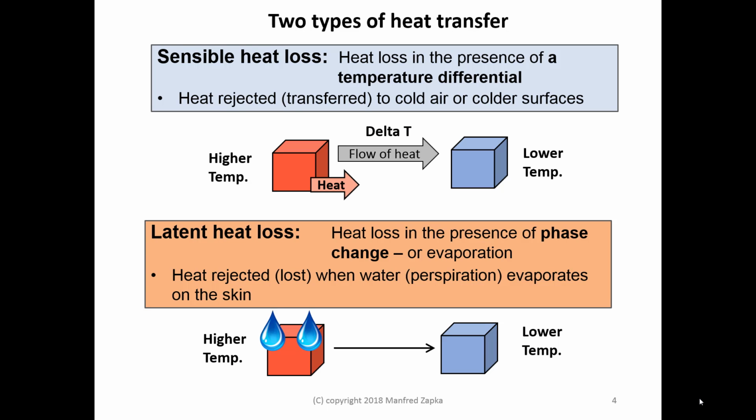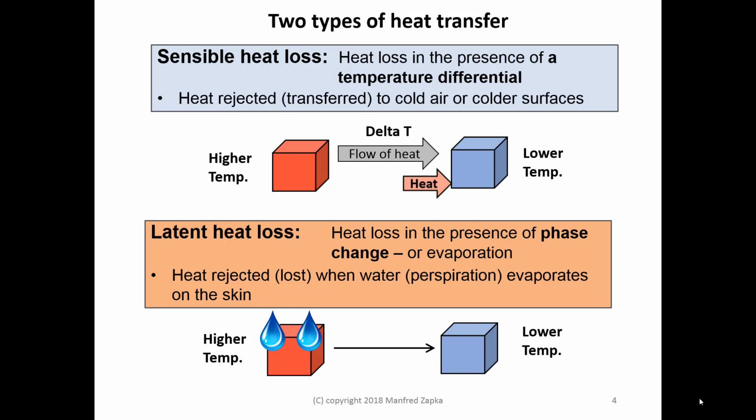As we said, there are two types of heat transfer for humans which we can use. Sensible heat loss is associated with a temperature differential. So heat is rejected or transferred from warm air or warm surfaces to cold air or to cold surfaces. And we see here the heat goes from the higher temperature to the lower temperature.